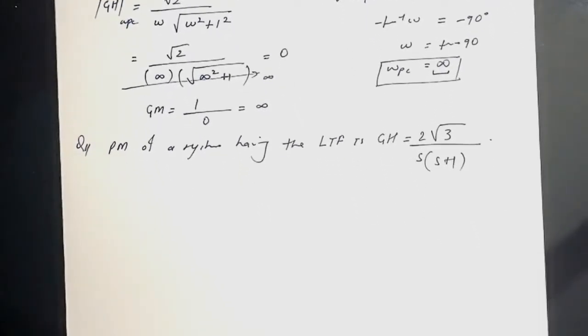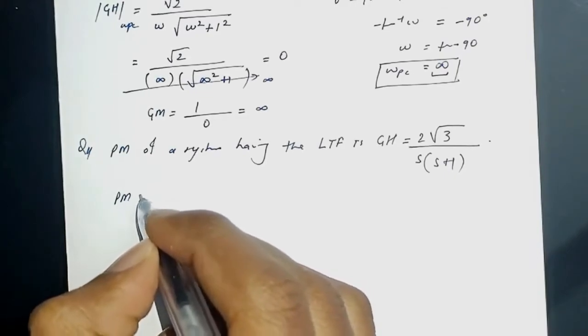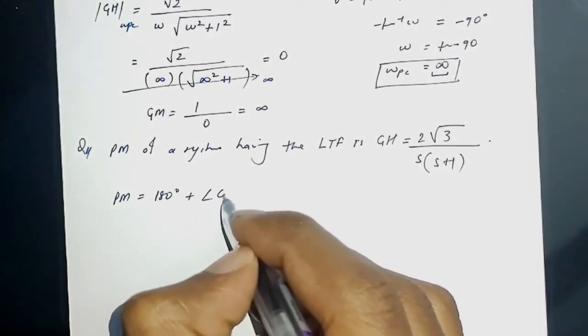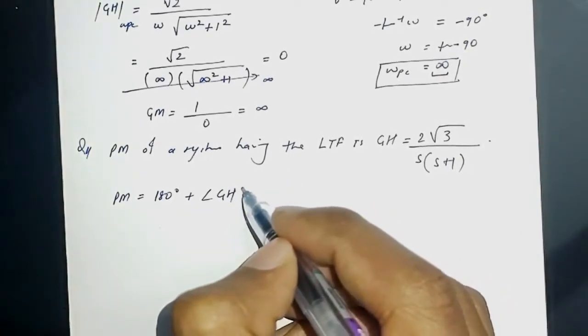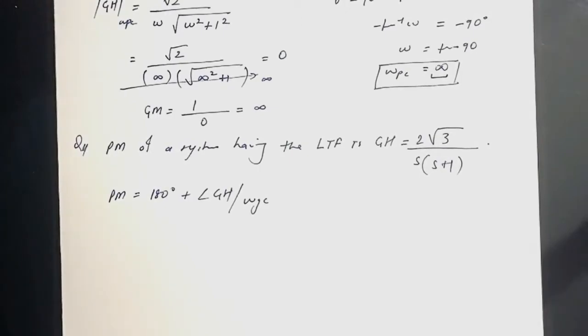So for this system we have to get the phase margin, and we know the phase margin is equal to 180 degree plus the angle of the response at omega gc, which is the gain crossover frequency.